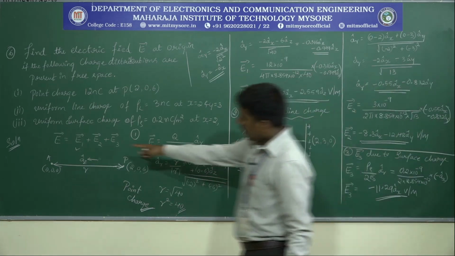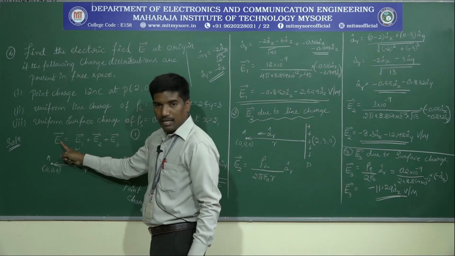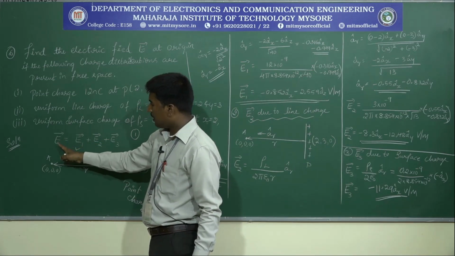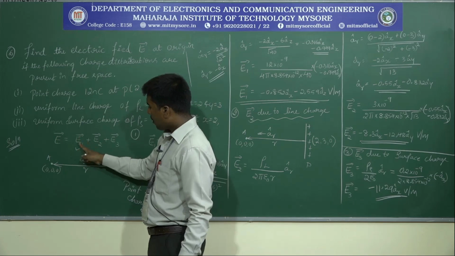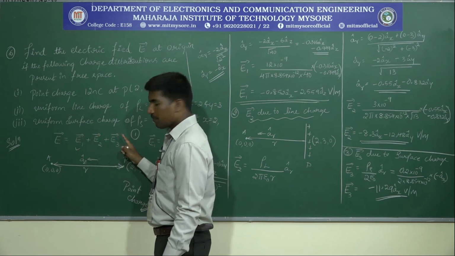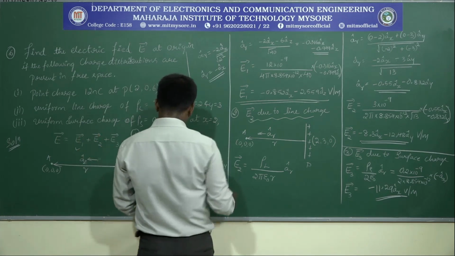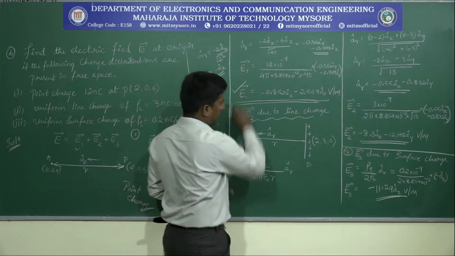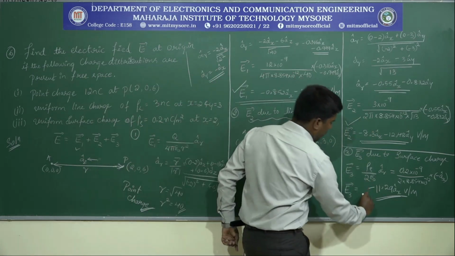Now, the overall agenda is to calculate E, that is total electric field intensity, E due to point charge, line charge and surface charge. Sum all the three quantities, this one and this one.